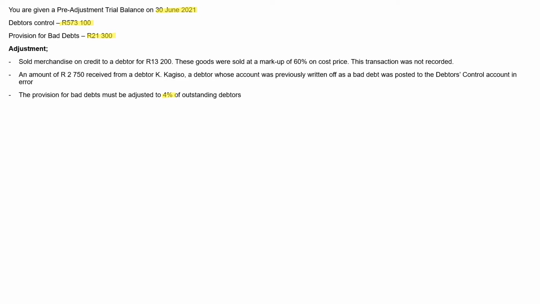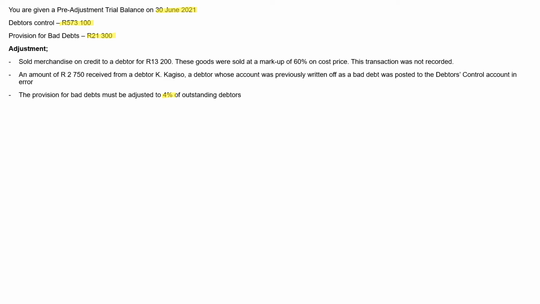You need to look before that for any other adjustment that relates to debtors, because you calculate the provision for bad debts on the outstanding debtors on that day. So if there is any adjustment on the debtors, you need to account for it before you calculate the provision for bad debts. So before you calculate the 4%, you need to adjust your debtors control if there are any other adjustments.